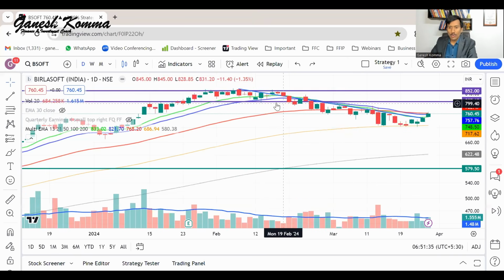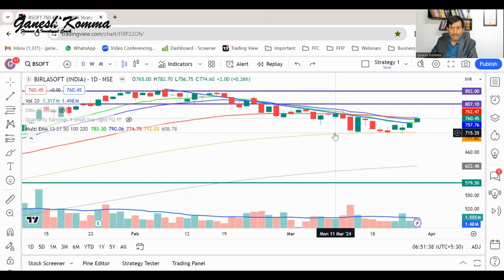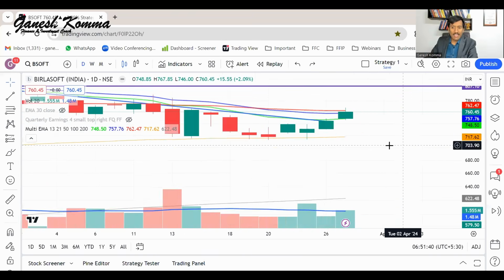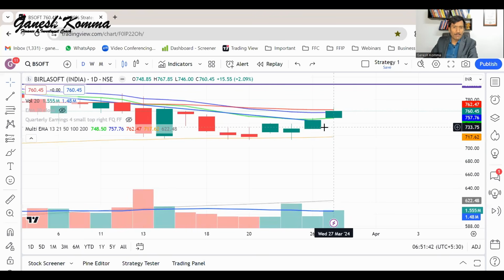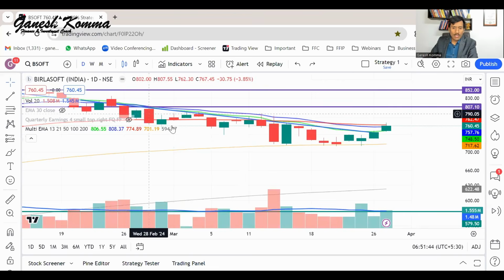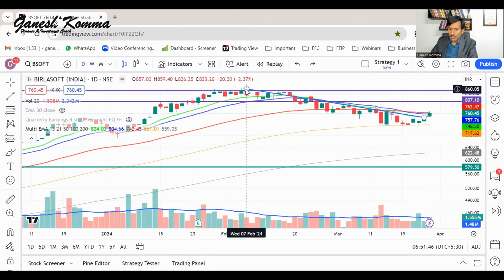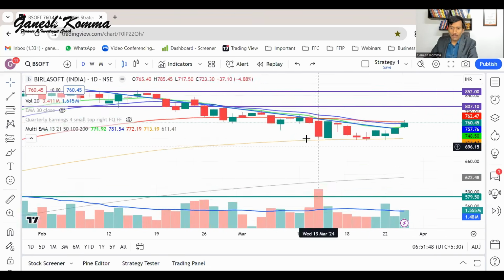It is slowly losing its strength. And right now, it is again picking up. Even though it has declined from almost February till now, it has not yet declined below your EMA 100. Your yellow line is your EMA 100.